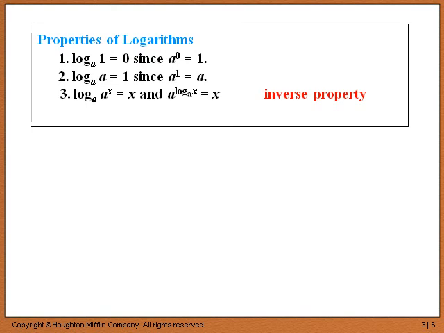Whatever that exponent is, if I raise a to it, I get x. Look at it again and convince yourself that that's true. This simply shows that the exponential function undoes the logarithmic function, and the logarithmic function undoes the exponential function. That's why one is the inverse of the other.